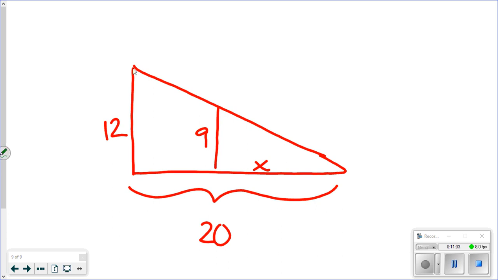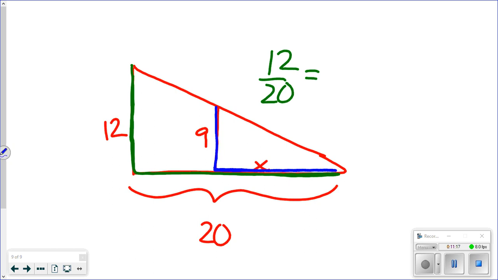First thing I'm going to do is look at the big triangle. What are my dimensions of the big triangle? It's 12 and 20. Now let's look at the little triangle. I know 12 and 9 correspond, and then x corresponds with 20. This is how you could set one up like this.